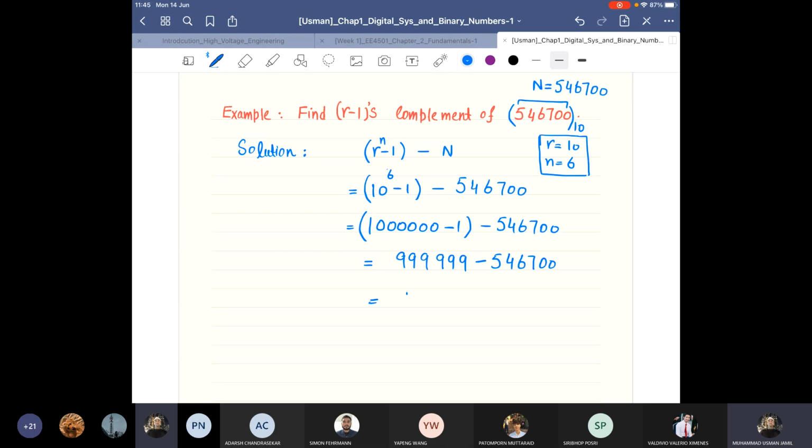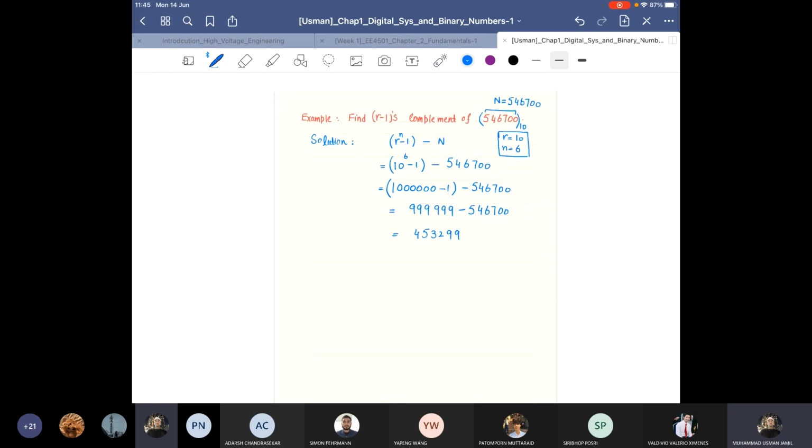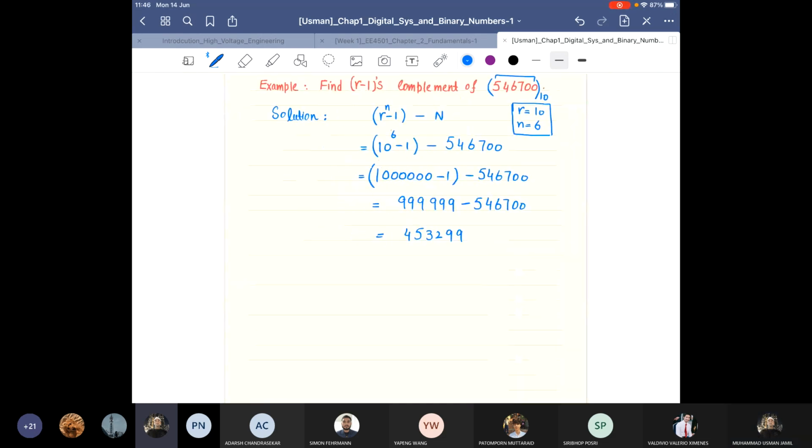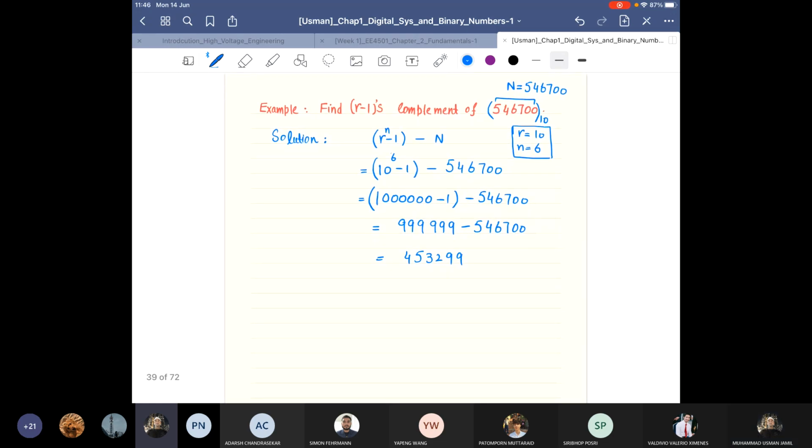When you solve this, you get 4, 5, 3, 2, 9, 9. So this is the answer. This is called R minus 1's complement of this number 5, 4, 6, 7, 0, 0.